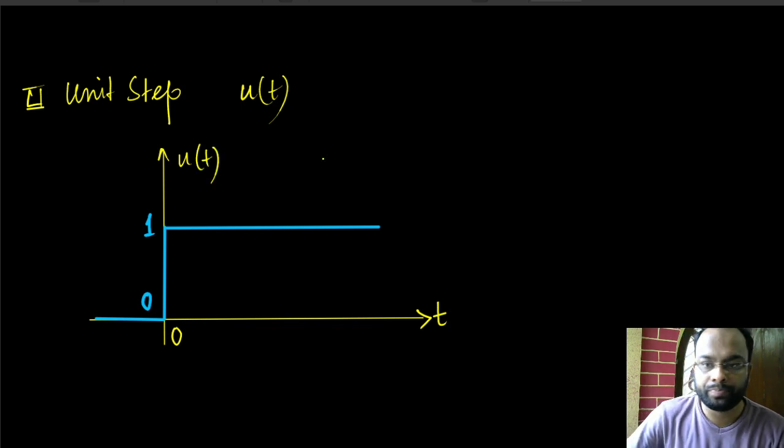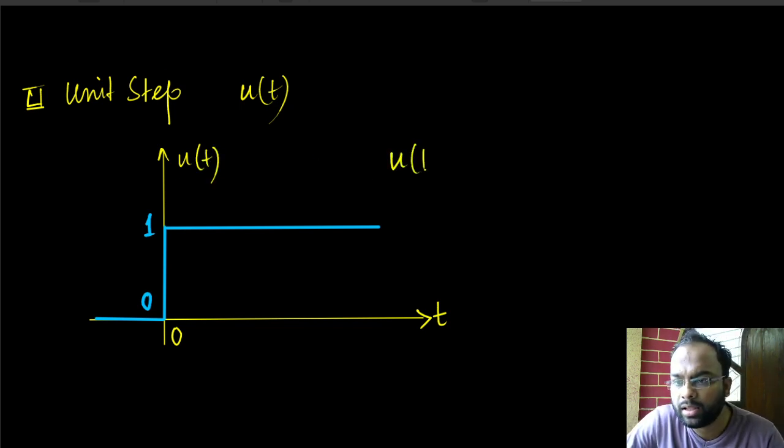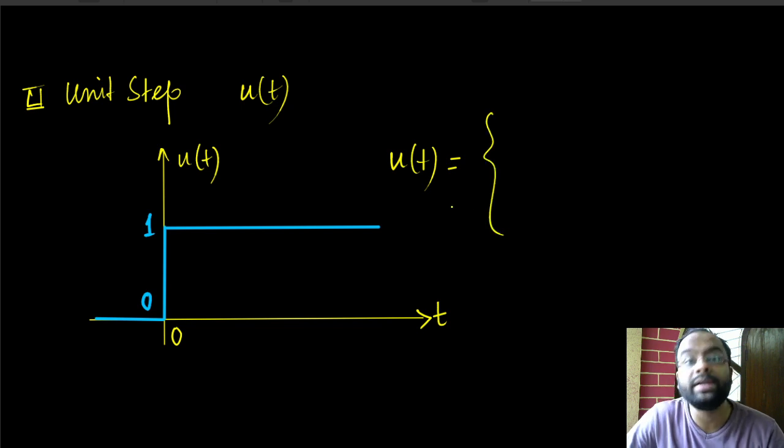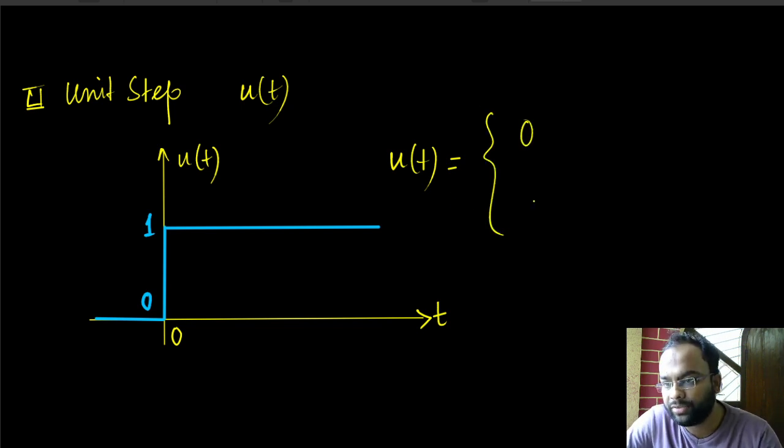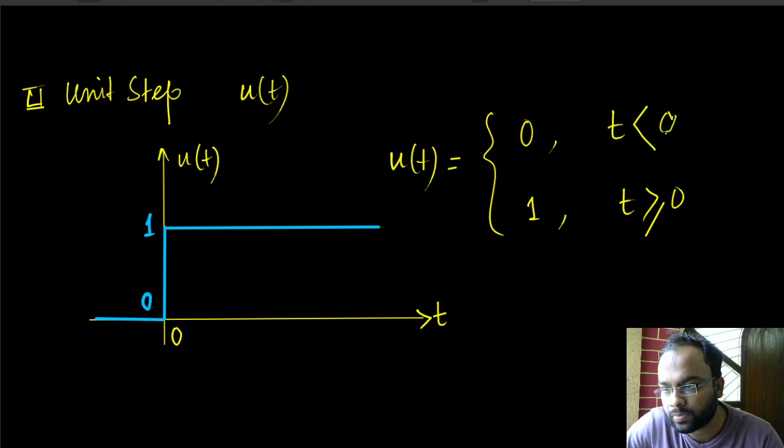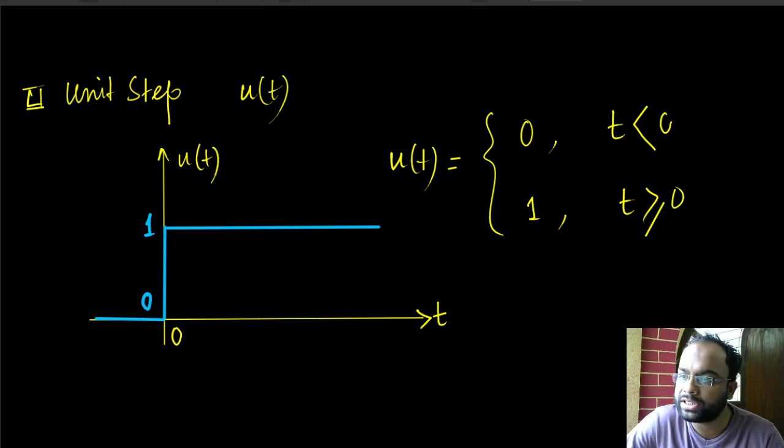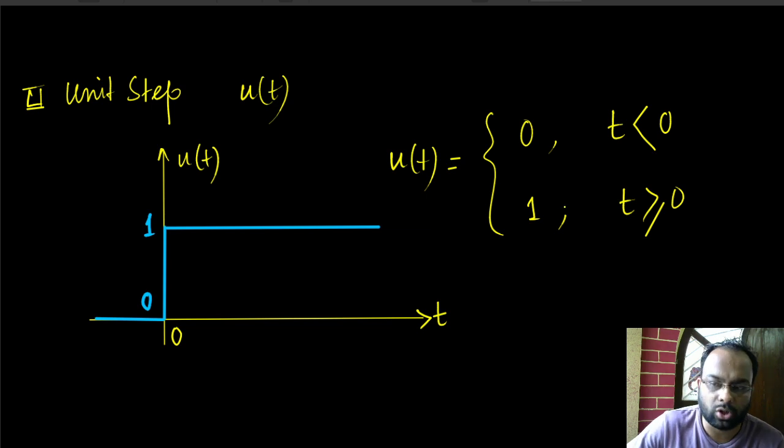So this signal, for our intents and purposes, is defined as this. There are plenty of other definitions for the unit step function, but for our purposes, we shall be using this definition, where the unit step is a signal defined as this.